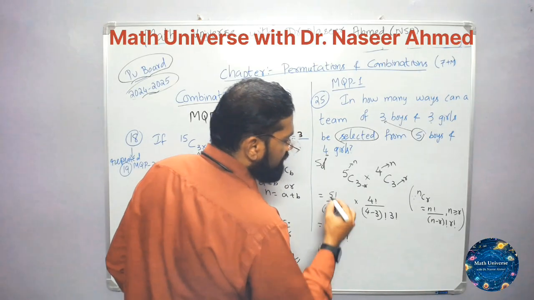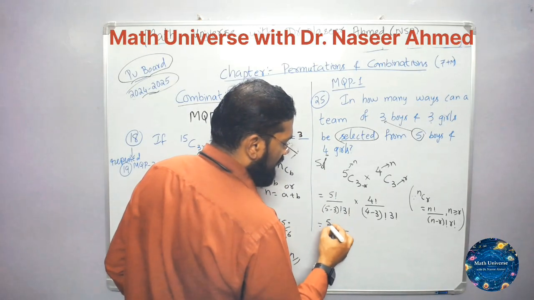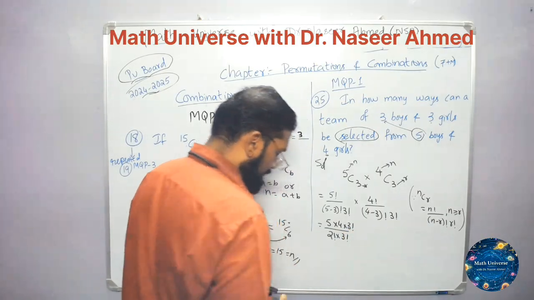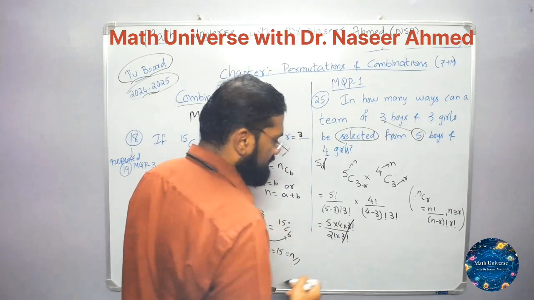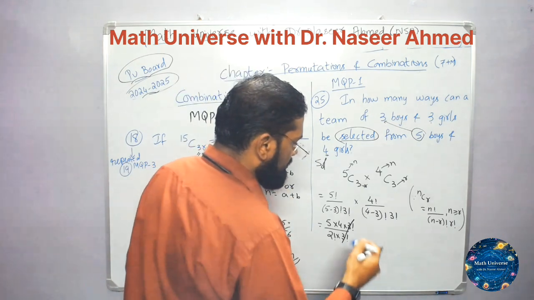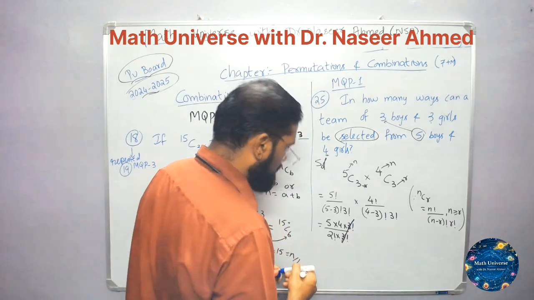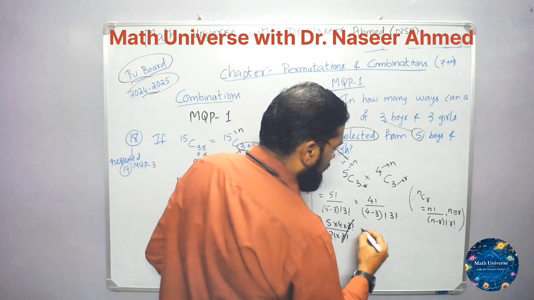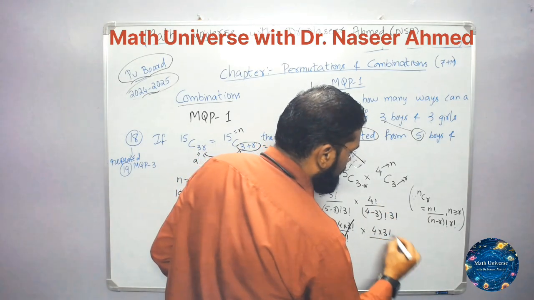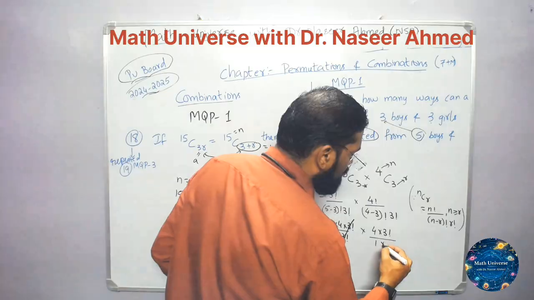So I can write 5 factorial as 5 into 4 into 3 factorial, so that this 3 factorial will get cancelled. Next step: into 4 factorial, same as 4 into 3 factorial, divided by 4 minus 3 which is 1, and here 3 factorial.